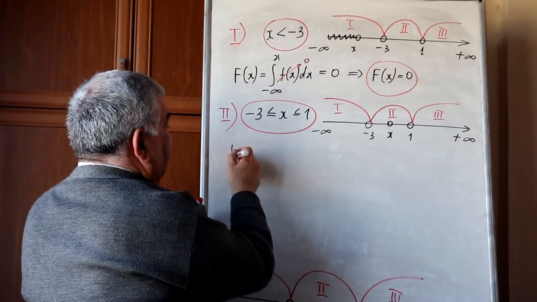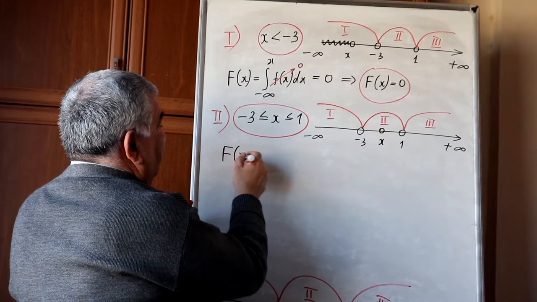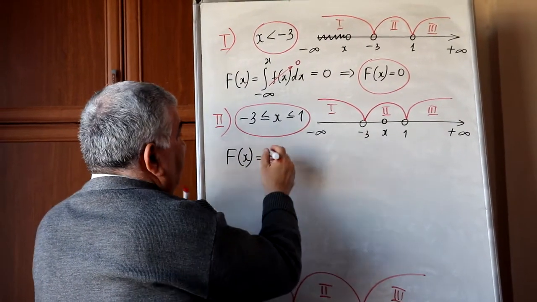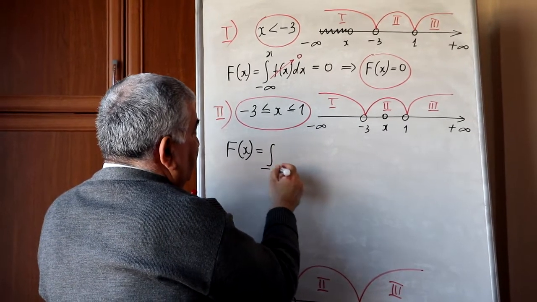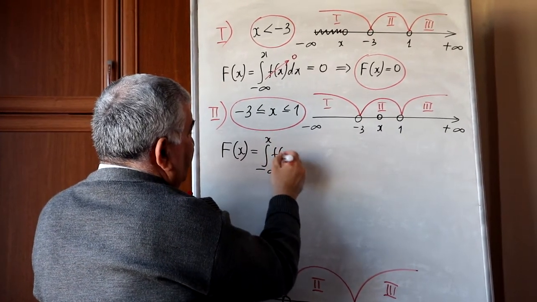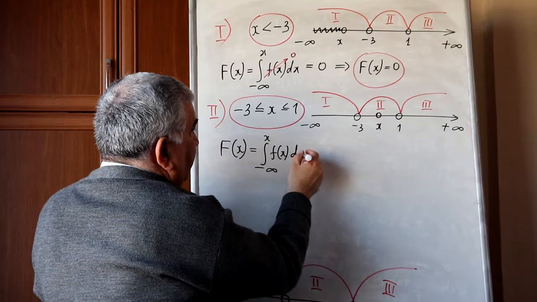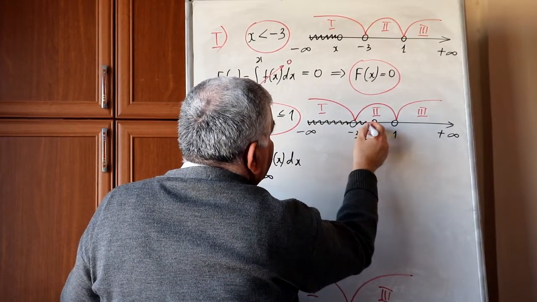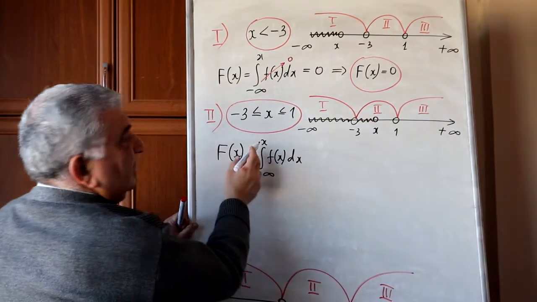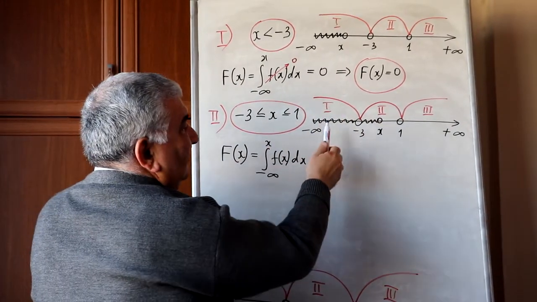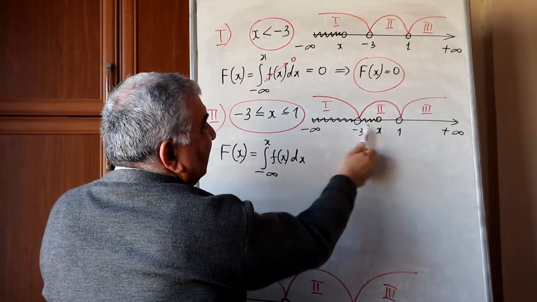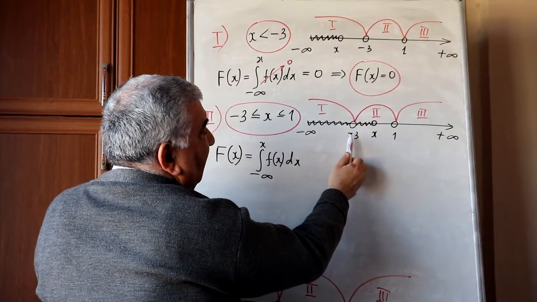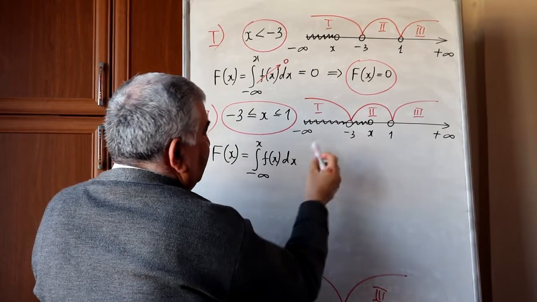And remember that the function F(x) is the integral from minus infinity to x of f(x) dx, only to x. And therefore, already we have two intervals, from minus infinity to minus 3 and from minus 3 to x.